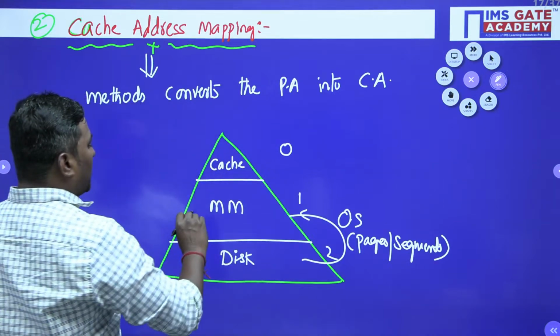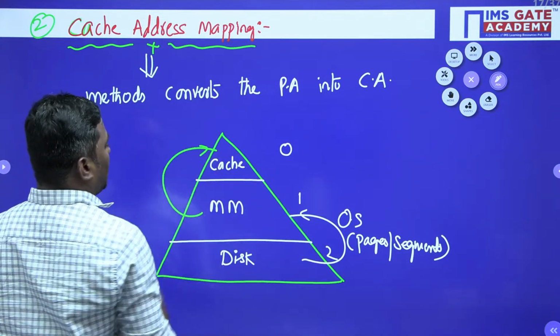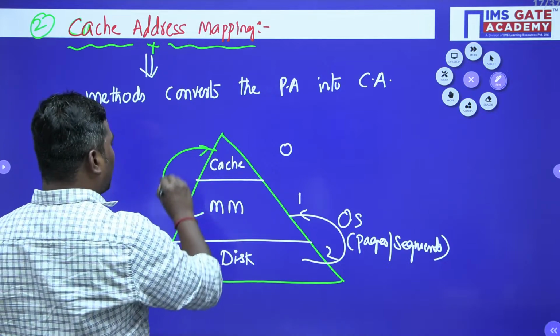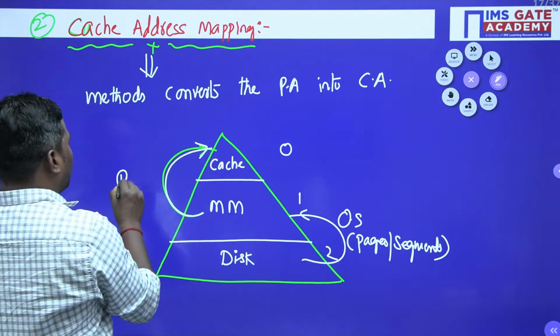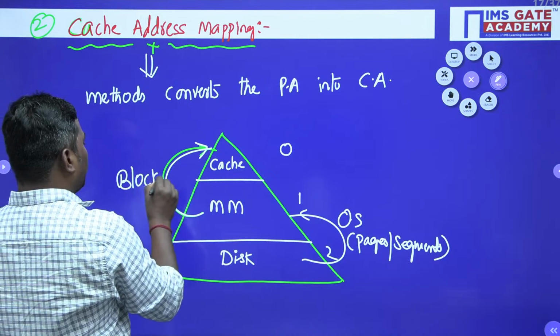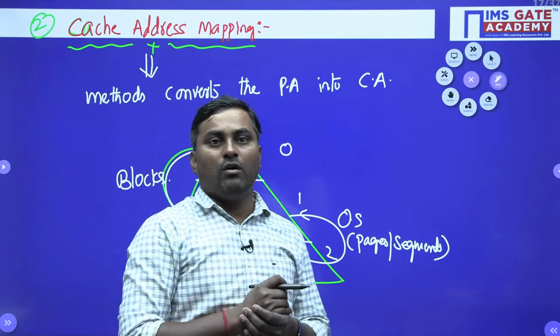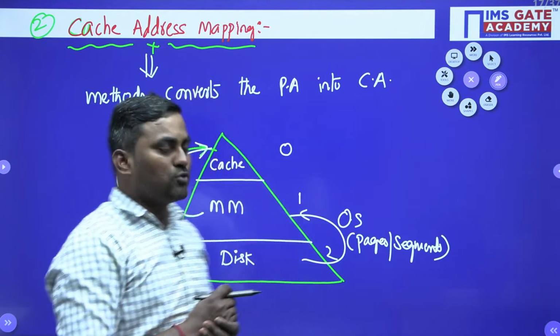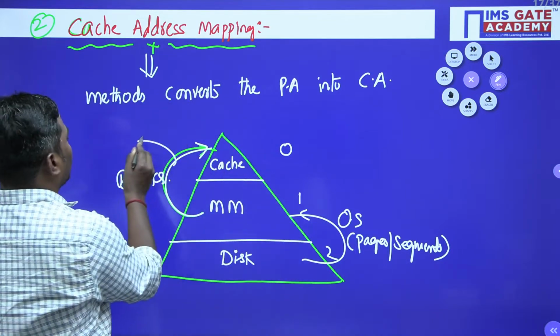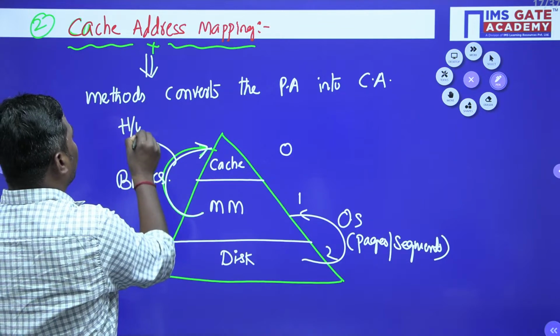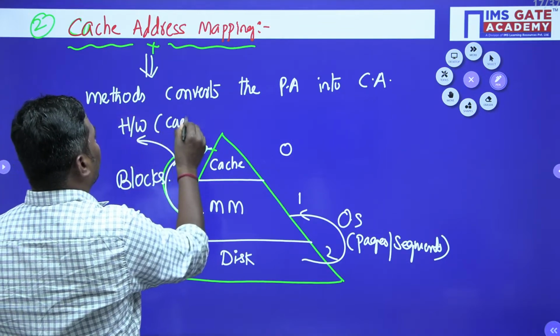Now see, main memory to cache memory, please understand. Data will move from main memory to cache memory in terms of blocks. This is done by the hardware, that is the cache controller.